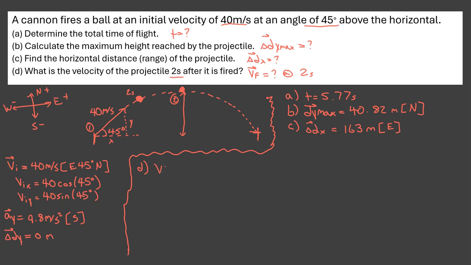So I'm going to specify that the velocity in the x that I'm going to utilize is just 40 cos 45 degrees, which gives us about 28.28 meters per second. My velocity in the y, I don't quite know that, right?